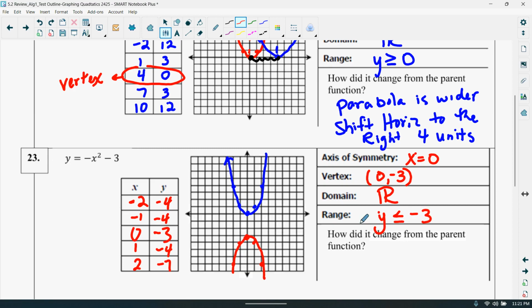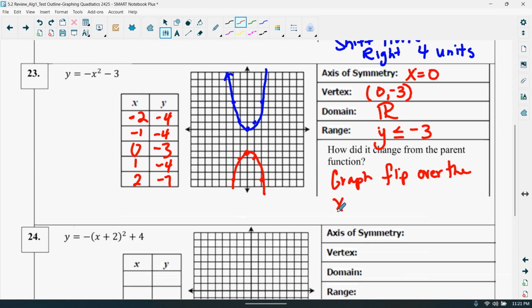And so a problem like this, how did it change? Some people say it flipped. The graph flipped. Well, if you see, the graph flipped over the x-axis, come down here. But that is called a reflection.